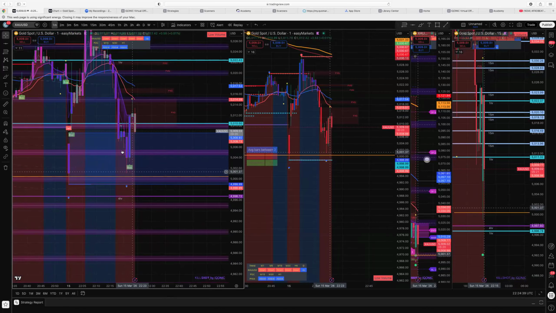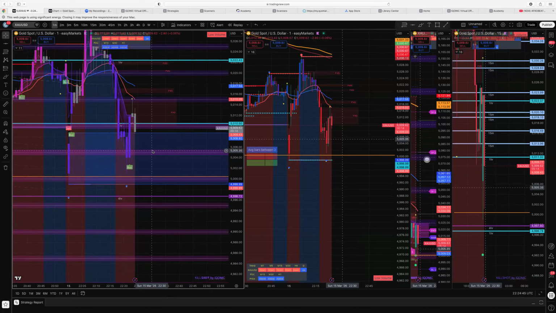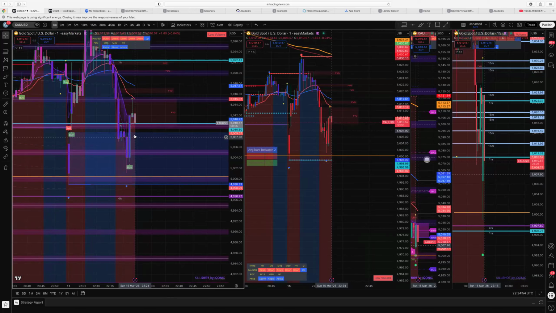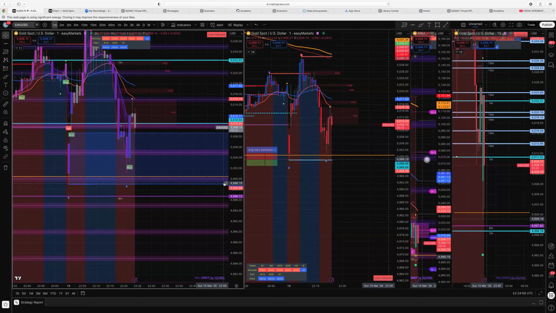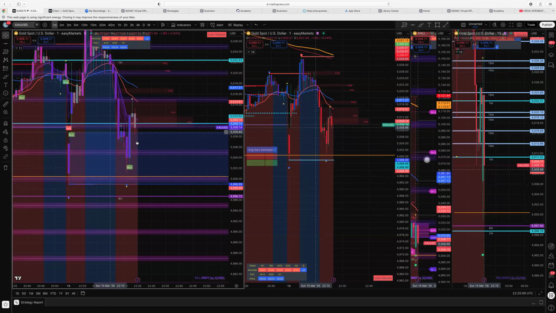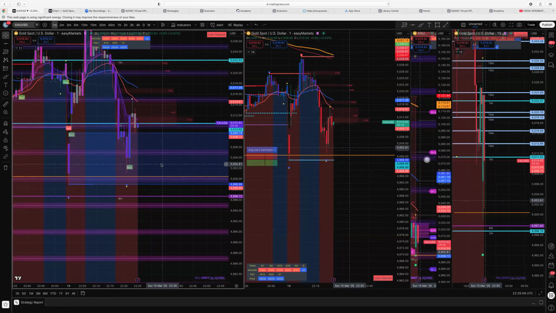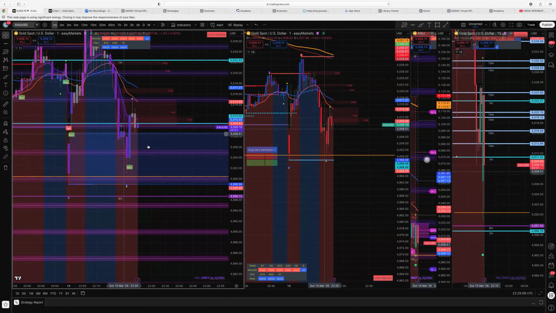But look, we got this area here, which you might get a pullback in. You're probably going to get your pullback. Remember, if you've got something like this, nine times out of ten, it's going to come in and pull back. Yeah? And do some nonsense.